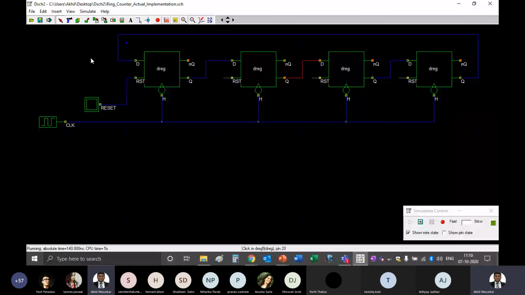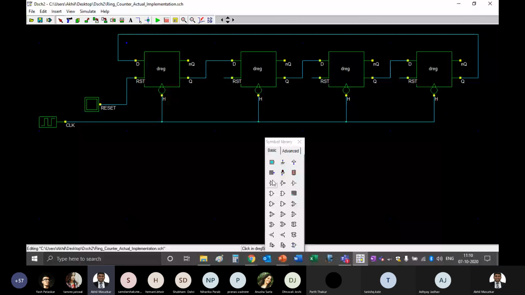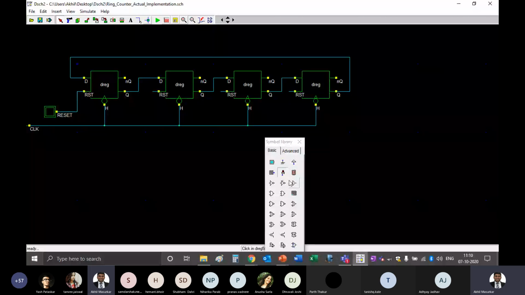You should be able to see now that the 1 goes inside. I don't know why it did not get saved, but yes. So please start drawing this. In the meantime, I'll just construct this.